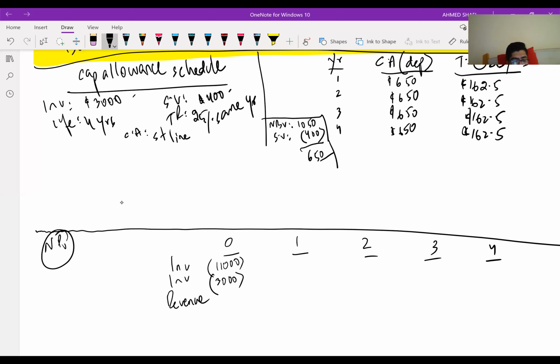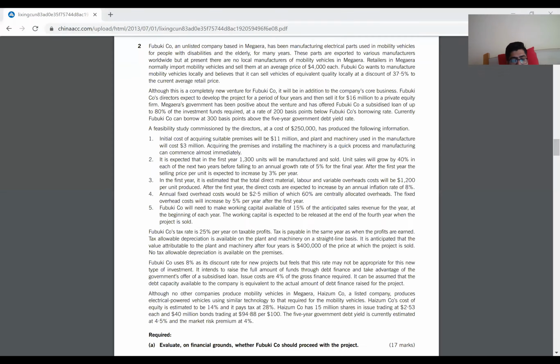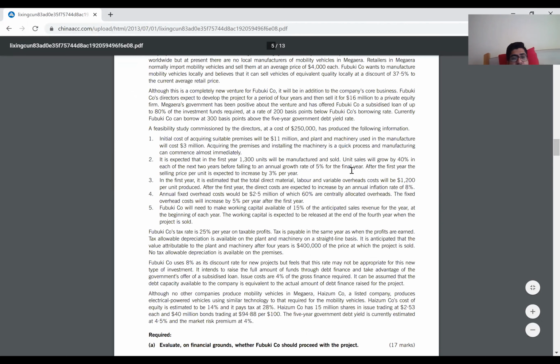You multiply it with units. That's 1,300. Okay, makes 3,250. It's increasing by 3% every year. So increase it by 3% every year and multiply it with 1,820 units of second year, 2,548 units of third year, and 2,675 units of fourth year, because the sales volume will be 1,300 units in year one, 40% increase in each of the next 2 years.